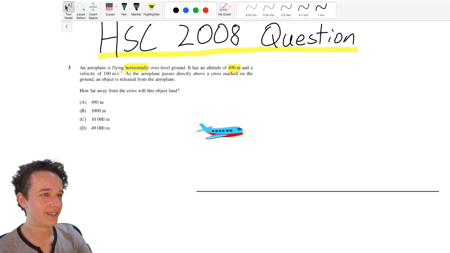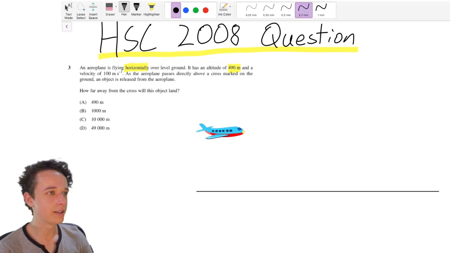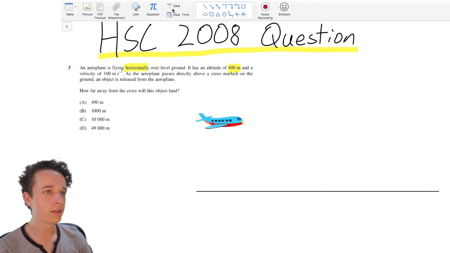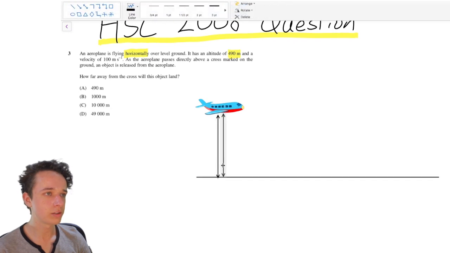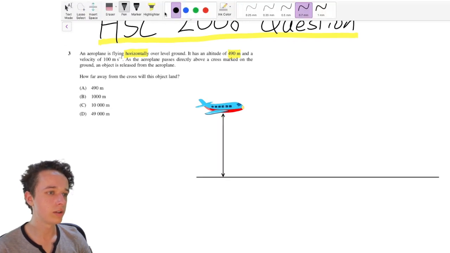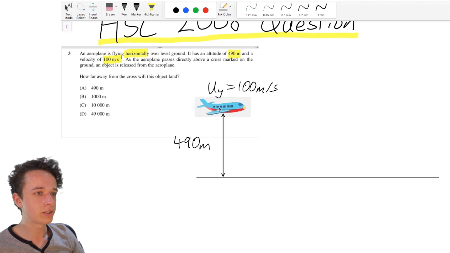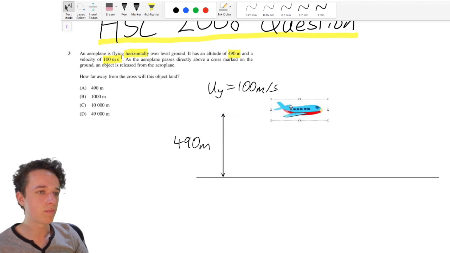So it has an altitude of 490 meters, and a velocity of 100 meters per second, so an initial velocity of 100 meters per second, as the airplane passes directly above a crossed mark on the ground, some mark on the ground, right?